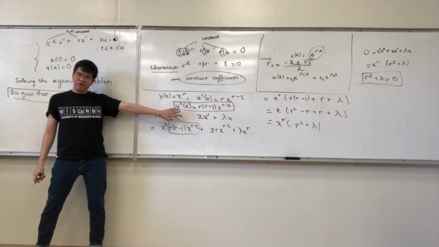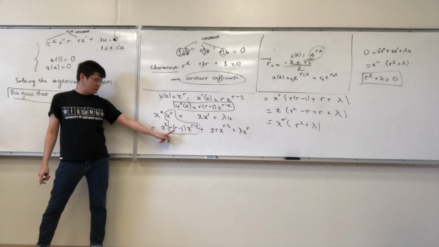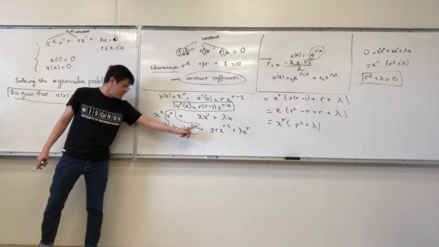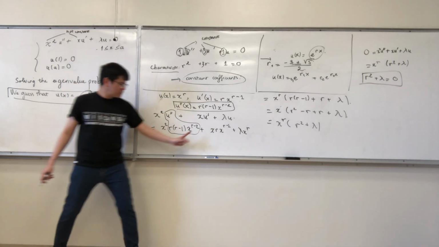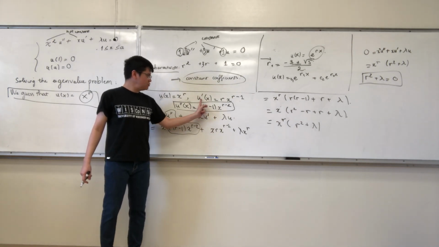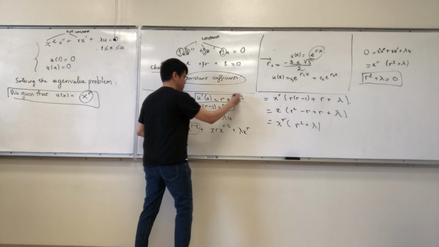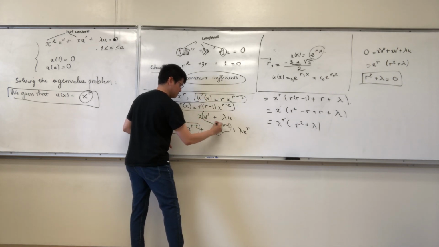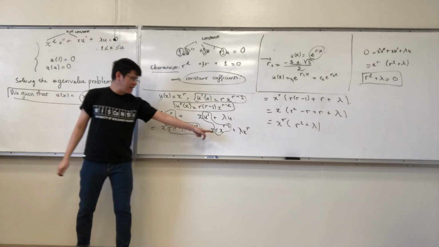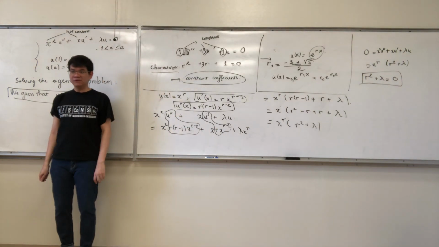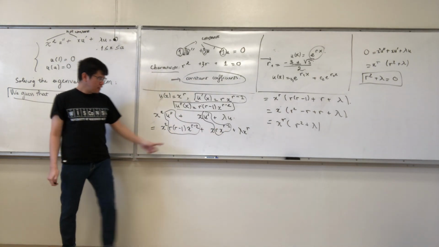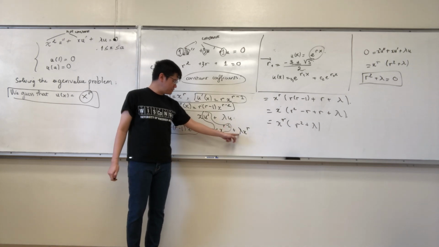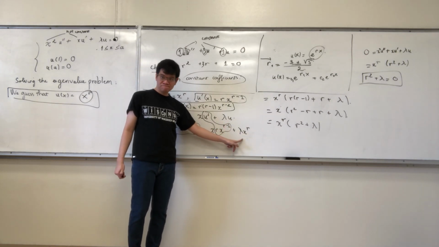You just plug the polynomial into the equation. You plug u prime into the equation, and you get r x^(r-1), right? And the leftover is lambda u, which is lambda x to the r.